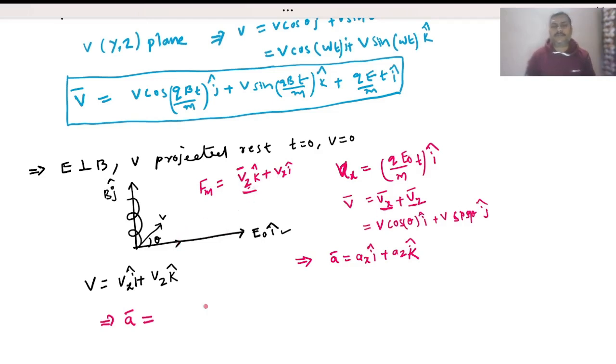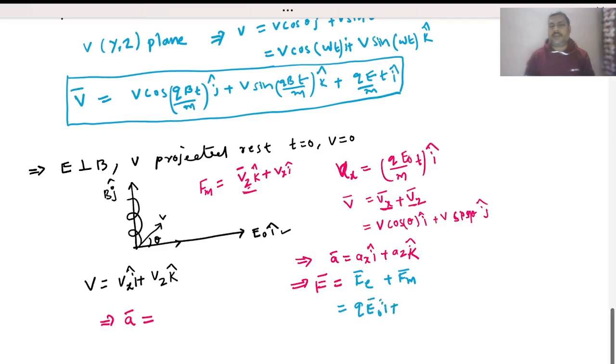First of all, write the force equation, then you will get clarity. Force is equal to Fe plus Fm bar. So force is equal to ma, and here qE naught i cap will come.